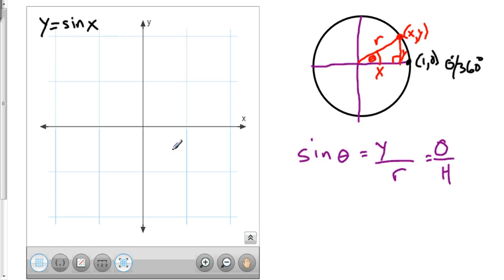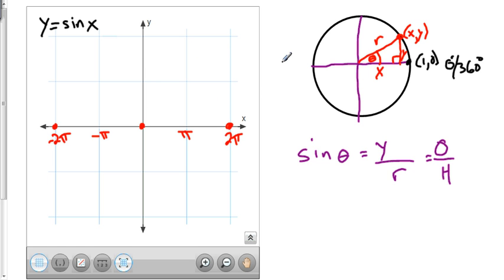I'm going to start plotting these points. Here is 0 degrees, that's 0. We'll call this pi and this 2 pi. And 360, which is 2 pi, is also going to be 0. Negative 2 pi is the same as 360, so it will have the same values there.